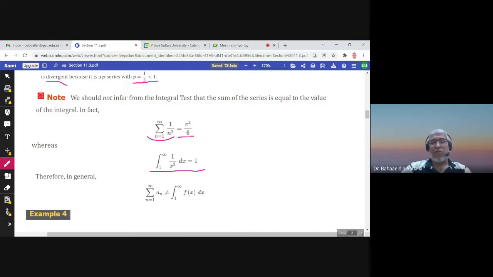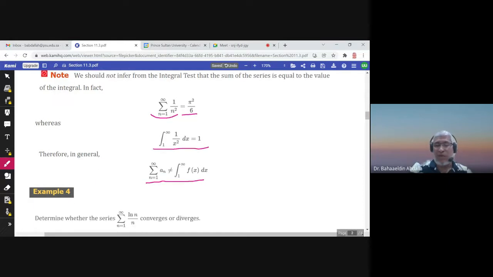So they are different. The sum of the series is not equal to the improper integral. If they converge, then they converge to different values. This is an infinite area and this is an infinite sum. So they are not necessarily equal in general.